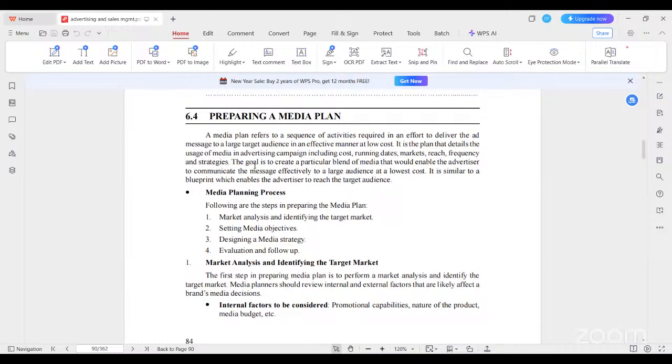For example, if you take the Pond's company, their target market is women from above 18 years to 40 or 45 years of age who will use their product. So they have to design a plan, make an analysis, and identify the target market.